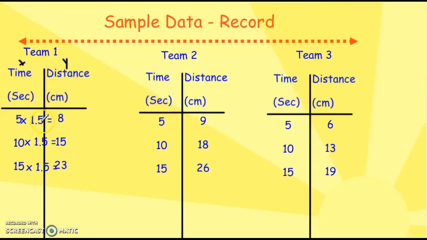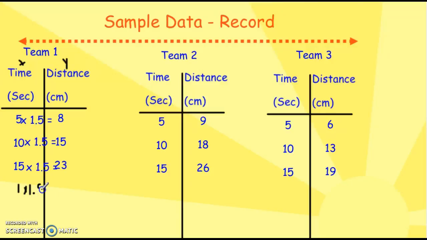X times 1.5 is about 8. It's actually 7.5. 10 times 1.5 is 15. And then 15 times 1.5 is 22.5, so it's pretty close to 23. So I need to figure out when x is equal to 1, what y is.